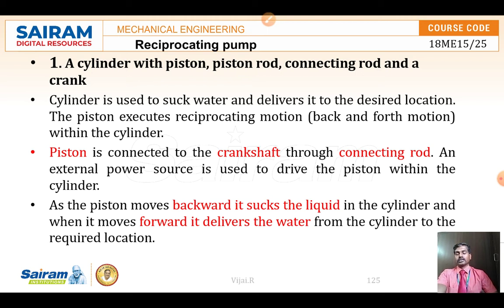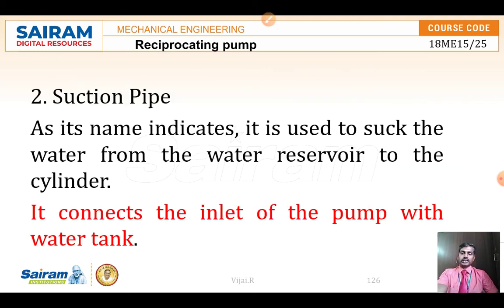And when the crank is rotated in the second half, the piston moves forward, the suction valve gets closed, and the delivery valve gets open. The suction pipe is connected to the inlet of the pump where the water tank is there.